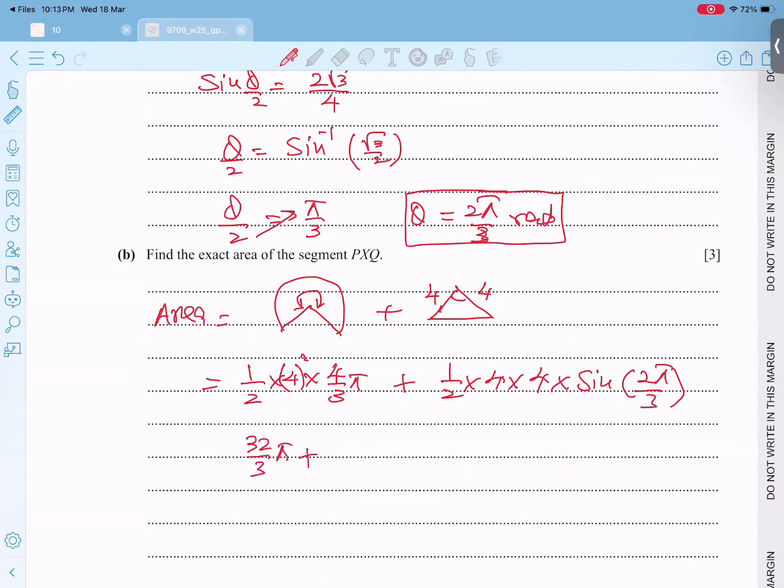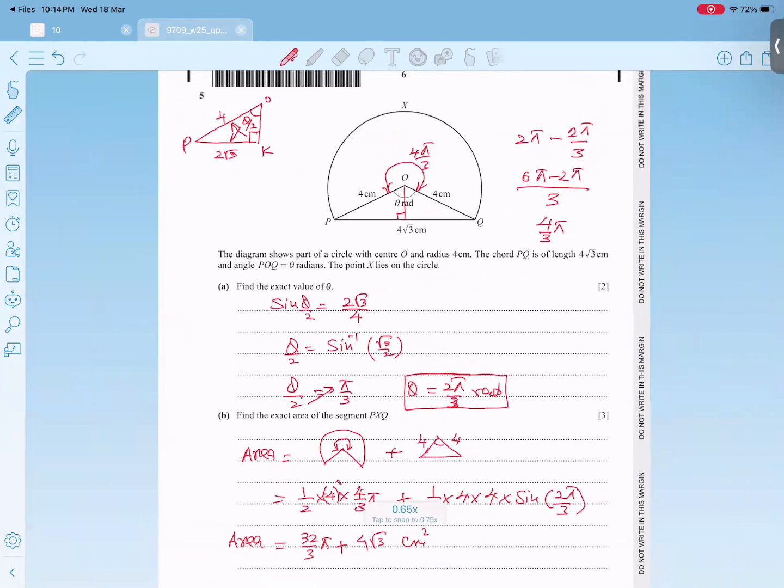The other part is 8 times 2 sine 2 pi by 3, and this other part comes to 4 root 3. So this is our exact area, because the question asked for the exact area. I hope the concept of the question is completely clear, and the question is complete.